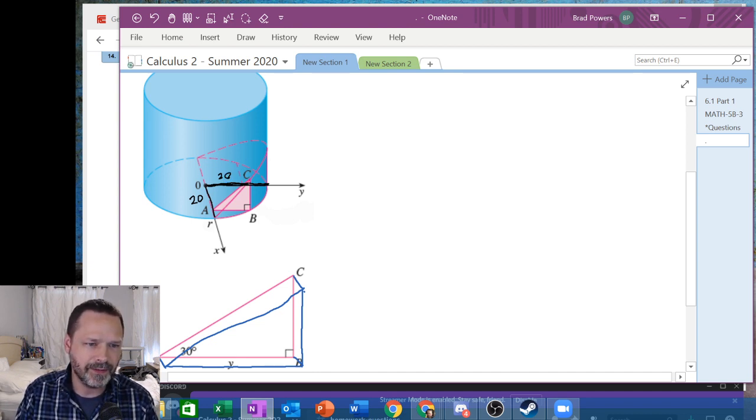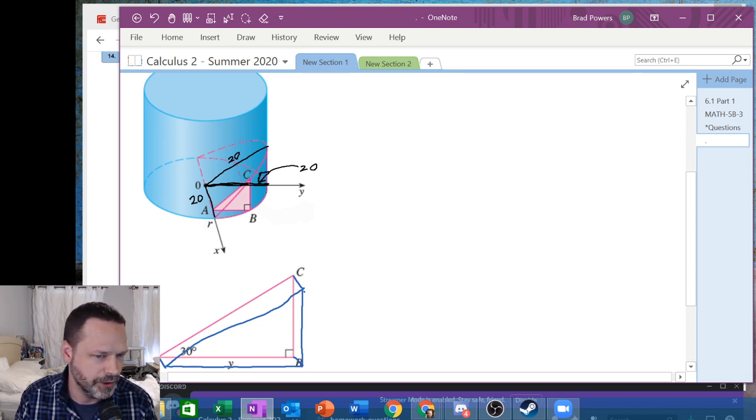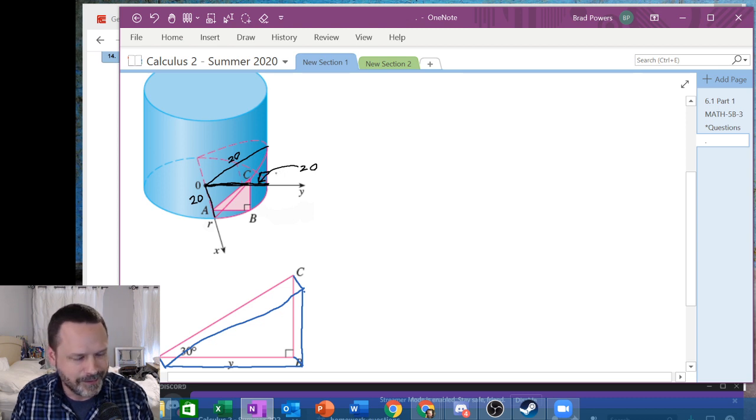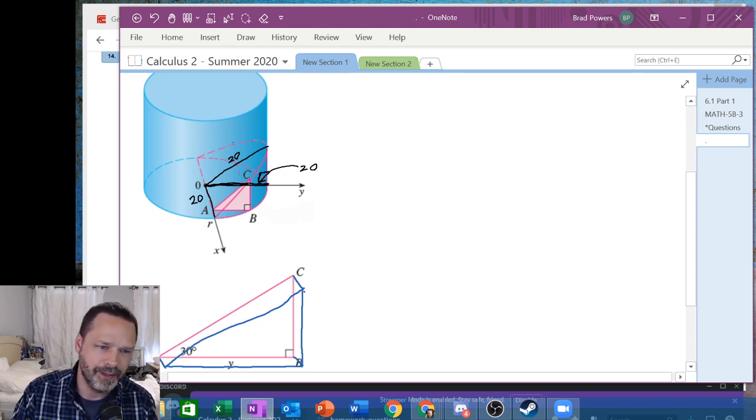But how could that be 20 and this distance also be 20, when clearly that creates a right triangle? It could not. So that was my mistake. That's why even after we fixed it, got a new expression, and took the integral, it was still wrong. That was a big wrong assumption on my part.